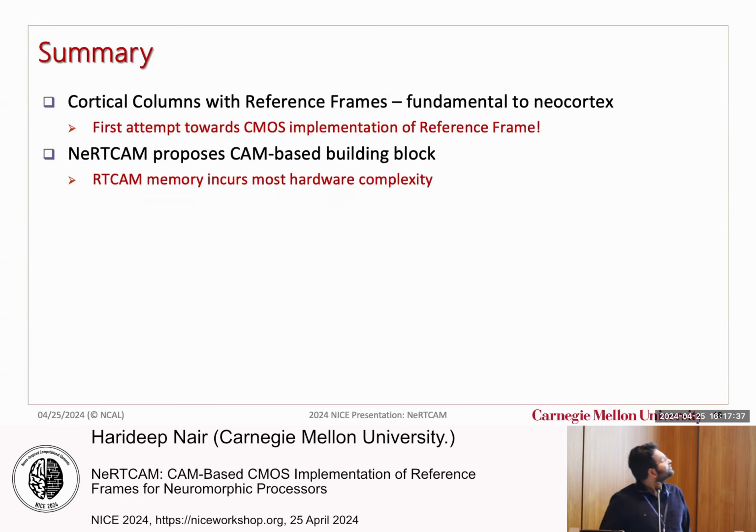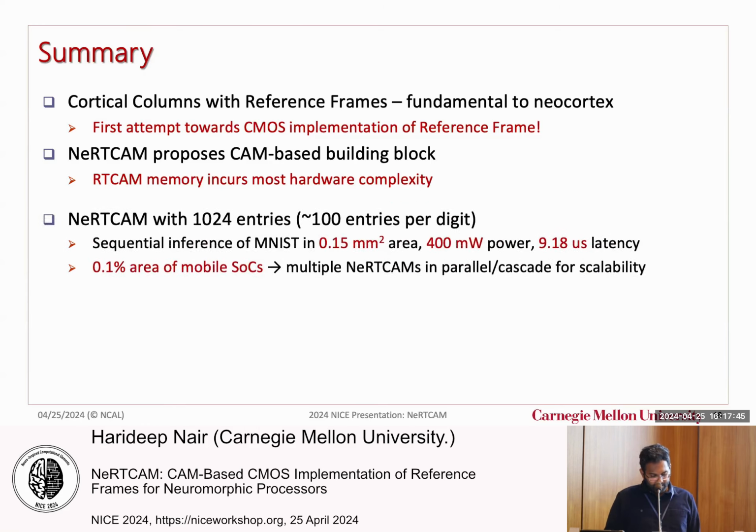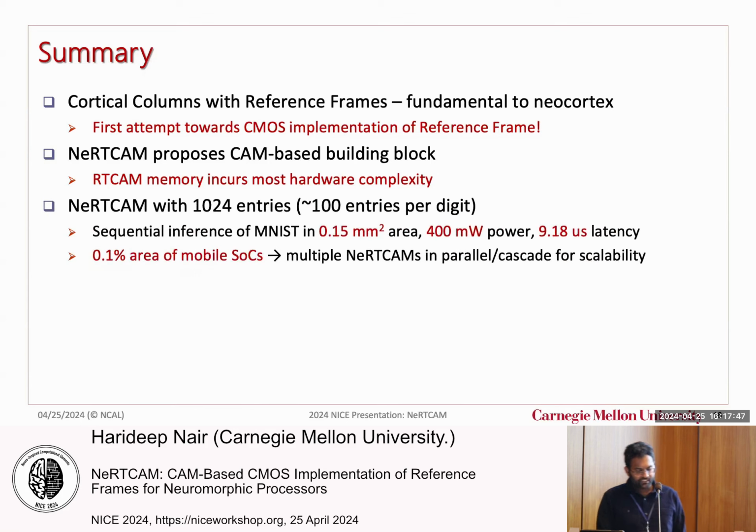So to summarize, in this work, we took our first attempt towards CMOS implementation of reference frames, and we suggested a CAM-based building block for that. And we noticed that sequential inference of MNIST can be performed in a few hundreds of milliwatts of power with less than 0.1% area for a mobile SoC. And it leaves potential for cascading multiple of these CAMs for scalability.